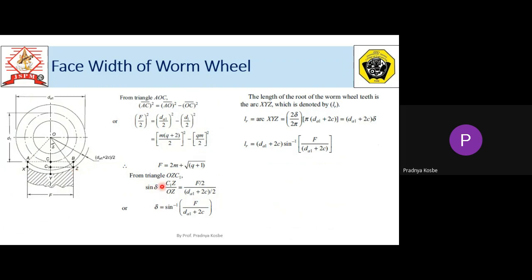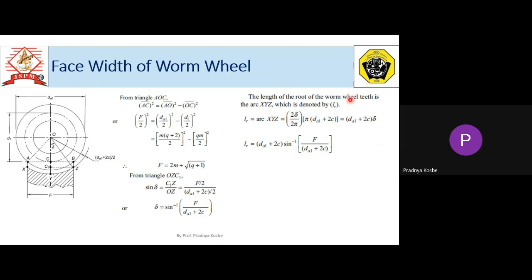So put this value in this equation, we will get sine del is equal to C1Z divided by OZ, which is equal to F by 2 divided by dA1 plus 2C divided by 2. So del is equal to sine inverse of F divided by dA1 plus 2C.